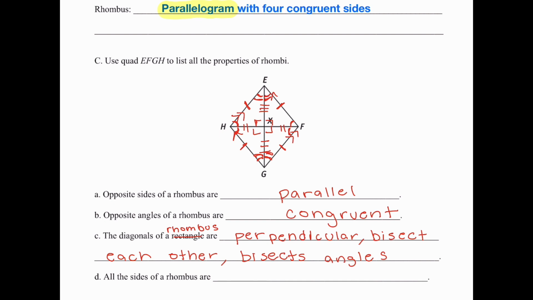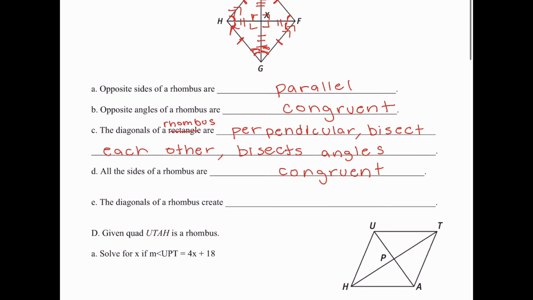We also know that all the sides of a rhombus are congruent. And the diagonals of a rhombus create four congruent triangles. If you notice, I have A, S, A for all four triangles. So the diagonals of a rhombus create four congruent triangles.